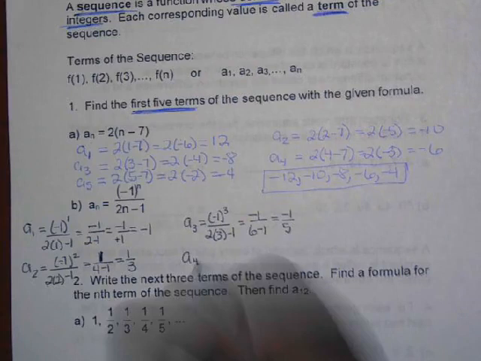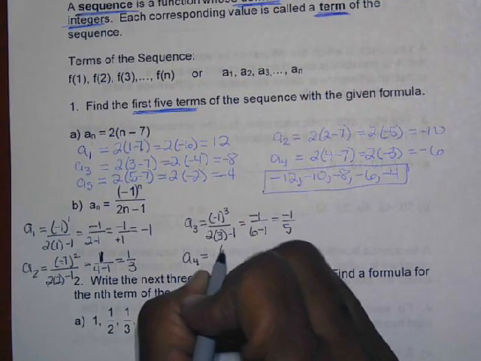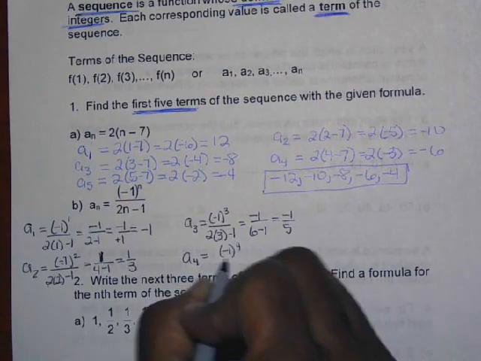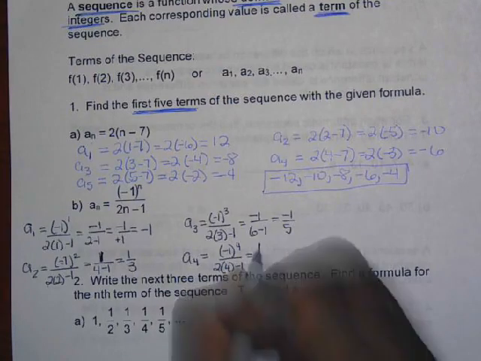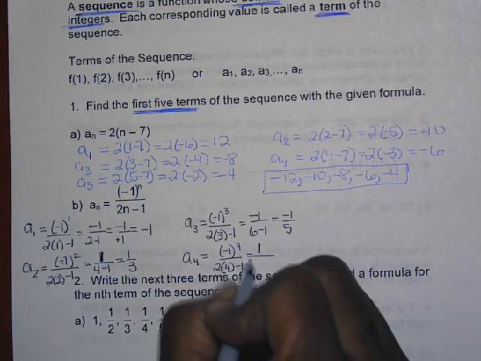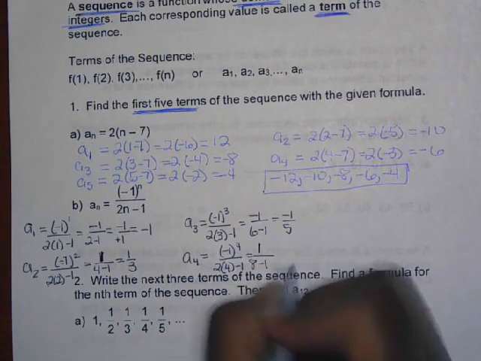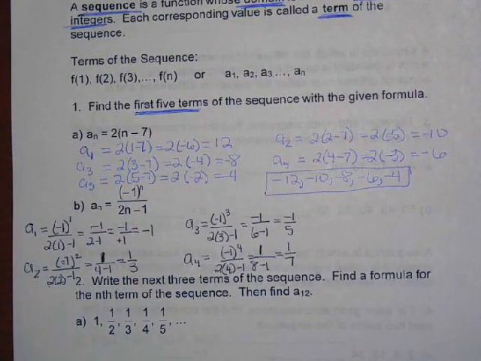A sub 4, negative 1 to the 4th power over 2 times 4 minus 1. Negative 1 to the 4th is 1 over 8, subtract 1, which gives me 1/7.